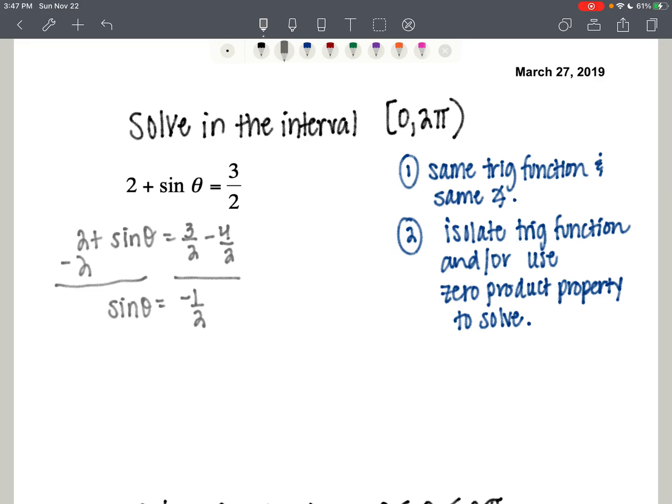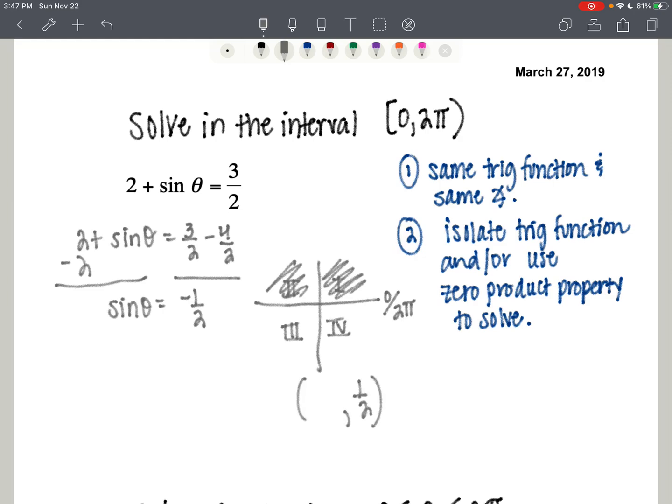Then we ask ourselves, we want to solve this in the interval 0 to 2 pi. In which quadrant will the sine give us a negative ratio? Well, that's going to happen in both quadrants 3 and 4. Then we say, what angle is going to give us a 1/2 for a ratio for sine?